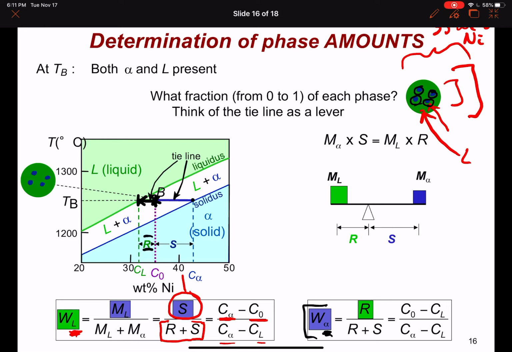So that is component R, and we see that component R as our numerator this time. Our denominator is the same, it's the full tie line length, and of course that was the C alpha minus C L again.